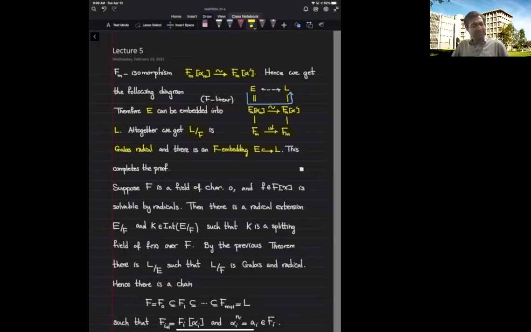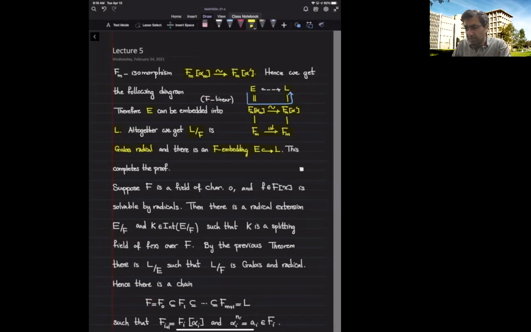So altogether, what did you get? We said that if I start with E over f and I tell you that it's a radical extension, we can find some further extension of E, let's call it L, so that L over f is radical and Galois. So that's the content that we showed.